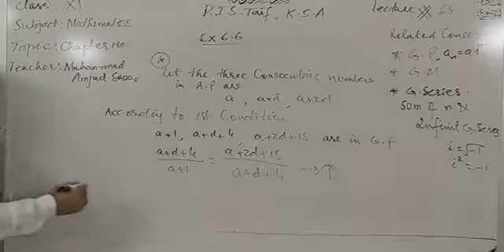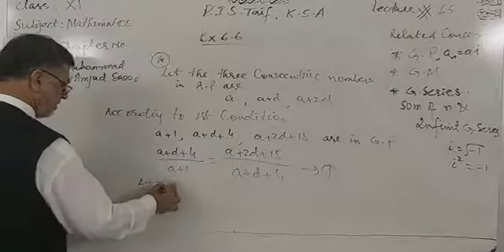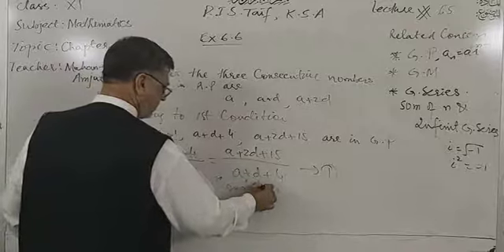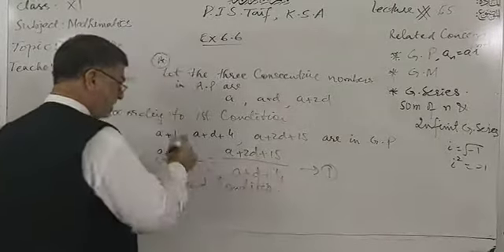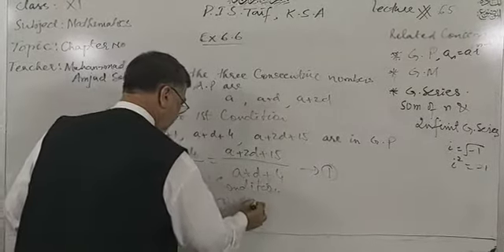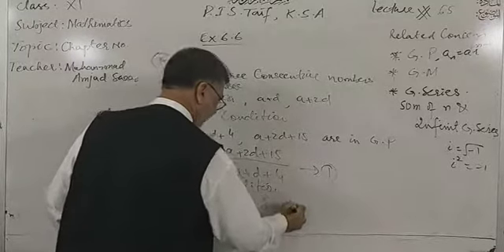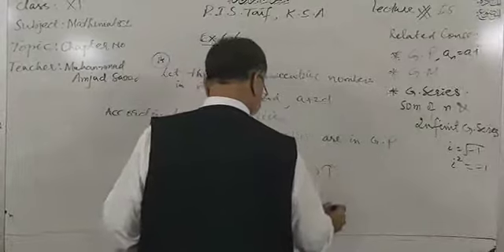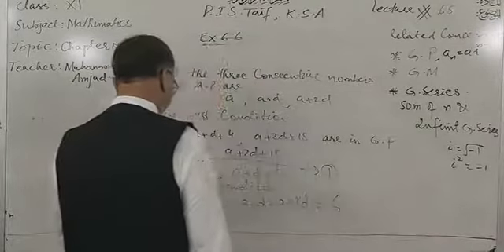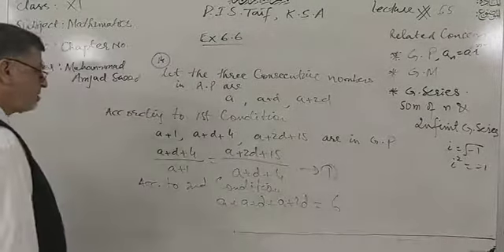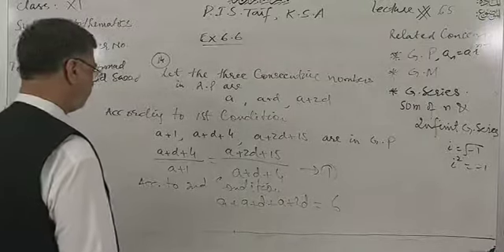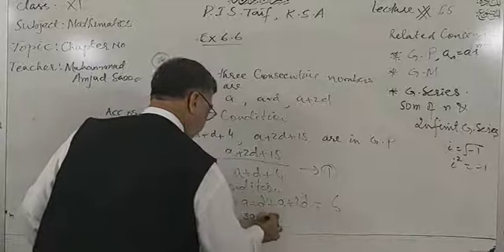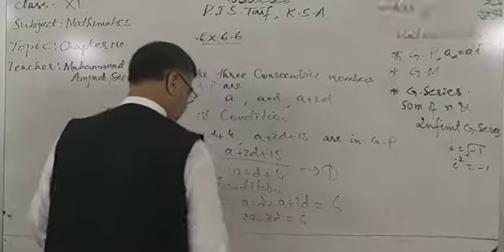According to the second condition, their sum is 6. A plus A plus D plus A plus 2D is equal to 6. So here we have 3A plus 3D is equal to 6.